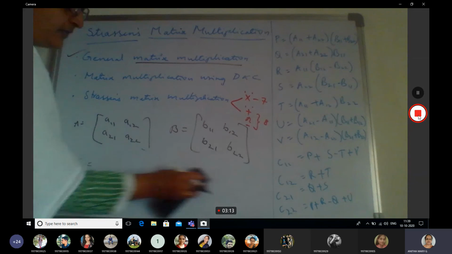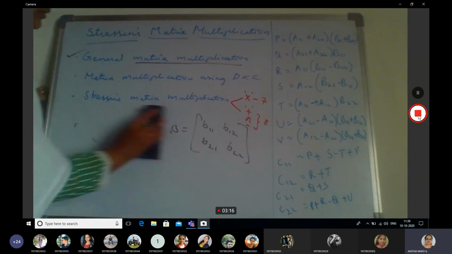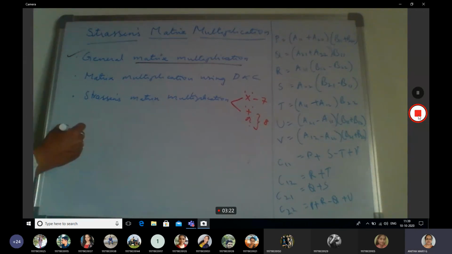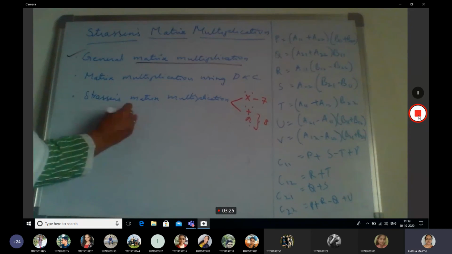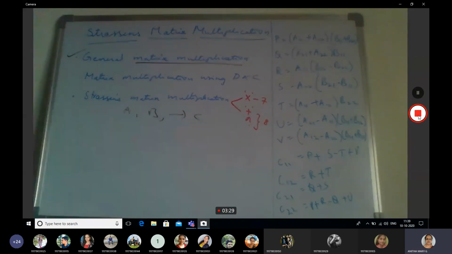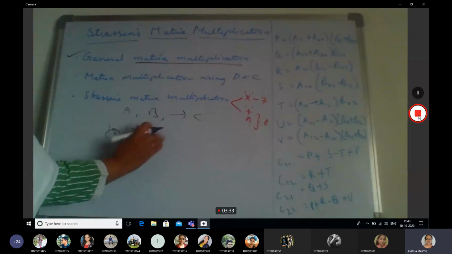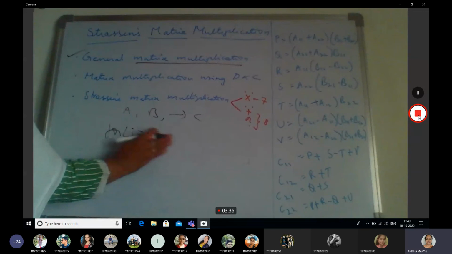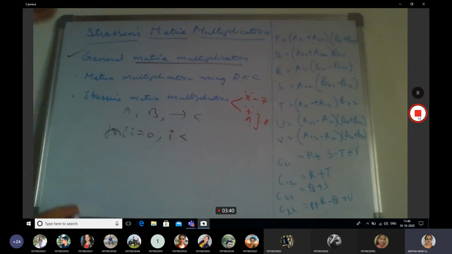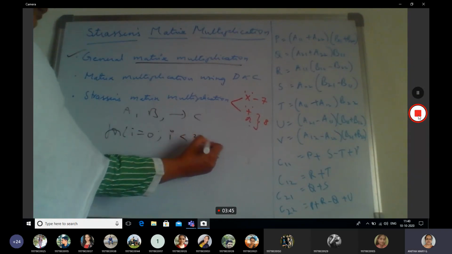So when we want to do matrix multiplication, how do we write the code? Suppose I'm just writing how to multiply two matrices. You have A comma B, these two have to be multiplied and kept into C. How do we write it? For i is equal to 0, in general, as you might have studied in a programming language, I am writing i less than 3, i plus plus.